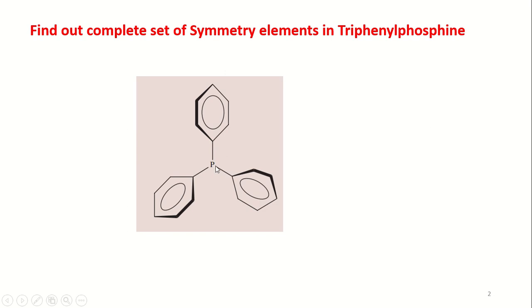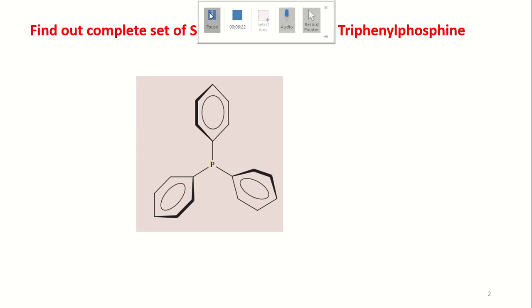For example, if I travel to this side and find a carbon atom, then on the opposite side there would also be a carbon atom. But in the case of triphenylphosphine, no such property is found, so we can say there is no inversion center in triphenylphosphine.